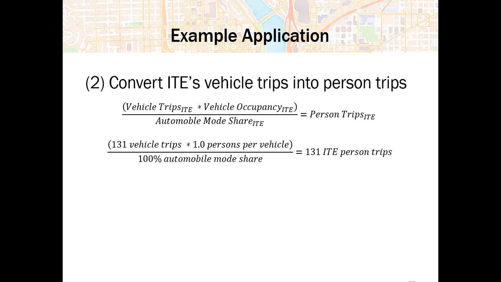So for the purpose of this example, I assume that all trips to ITE's data establishments are 100% automobiles, and they have a vehicle occupancy of one person per vehicle. So using this equation, we estimate that the ITE data would estimate a person trip rate of 131 person trips to our establishment.